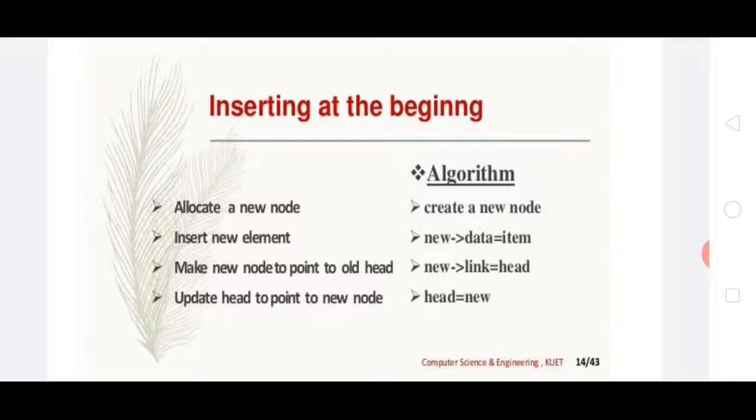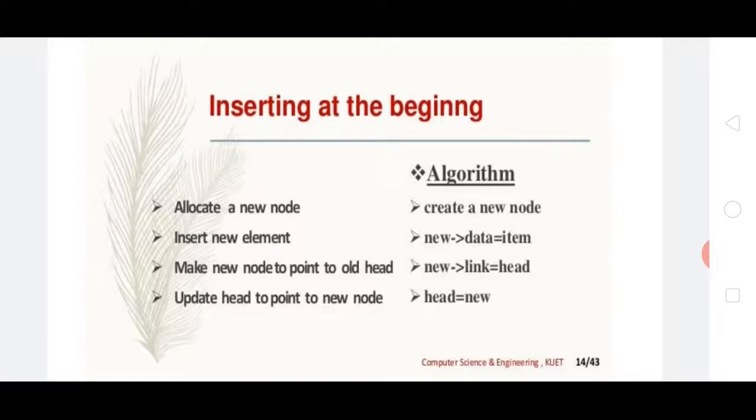Then the second statement is new is pointed to data is equal to item, meaning the user wants to enter any data or value which is stored in the variable item, and this stored value is stored in the data field where new pointer is pointed, that is, new is a pointer pointed to data is equal to item.